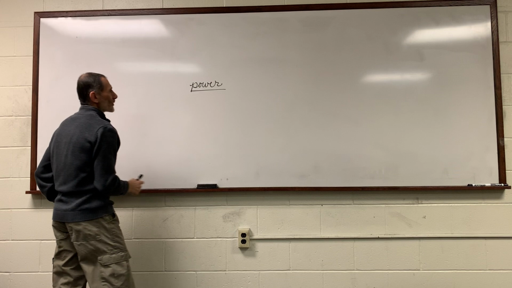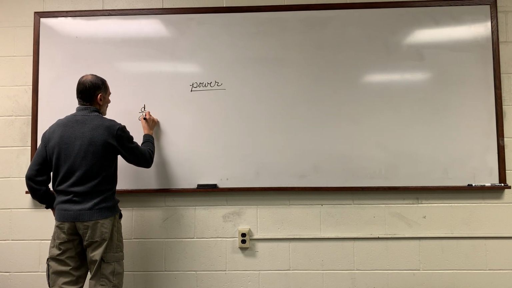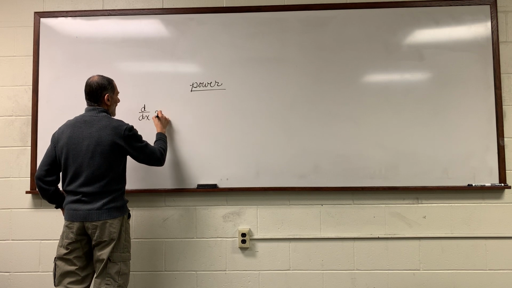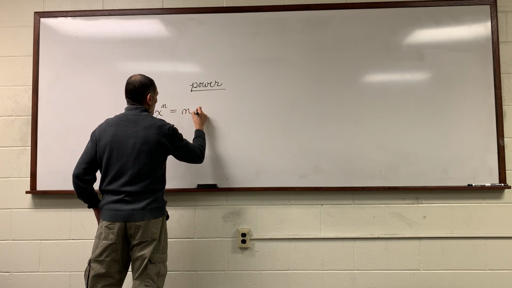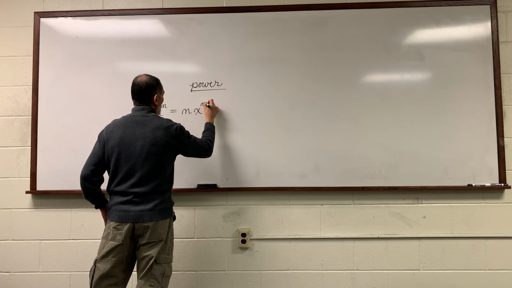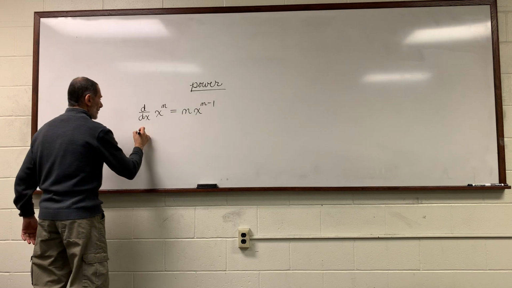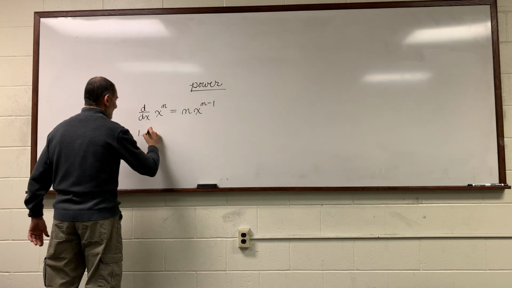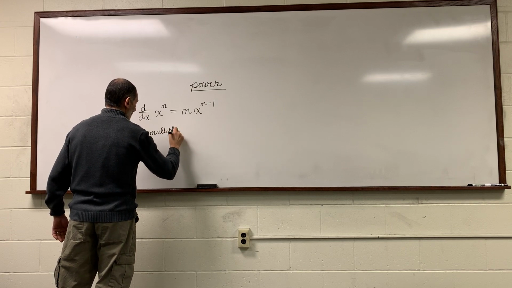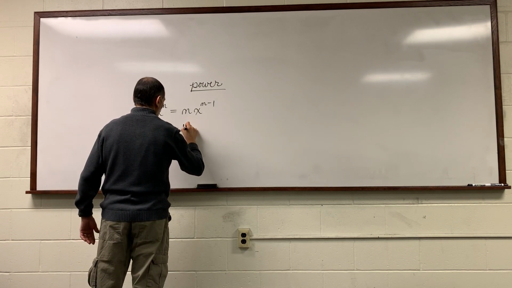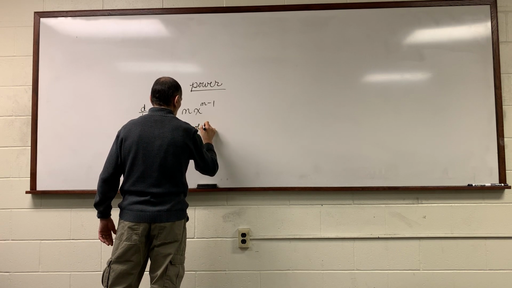Now, you may remember the power rule for differentiation. The derivative of x to the n equals n times x to the n minus 1. If we had to break down what we just did, we might say, well, step 1 was multiply by, well, I'll call it the old exponent.